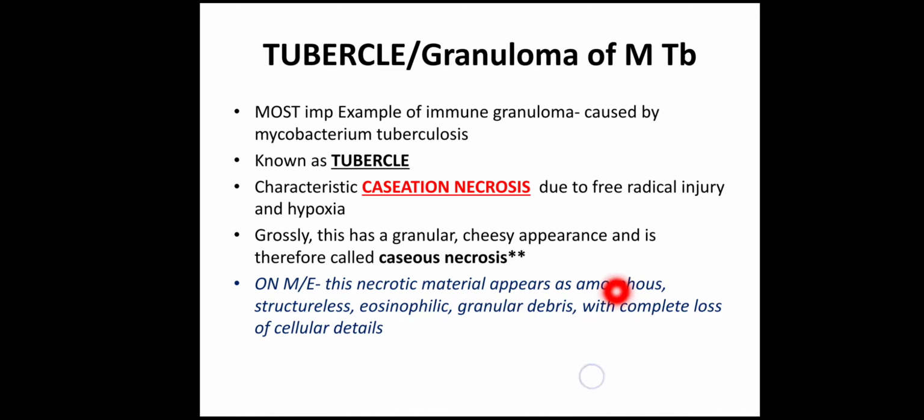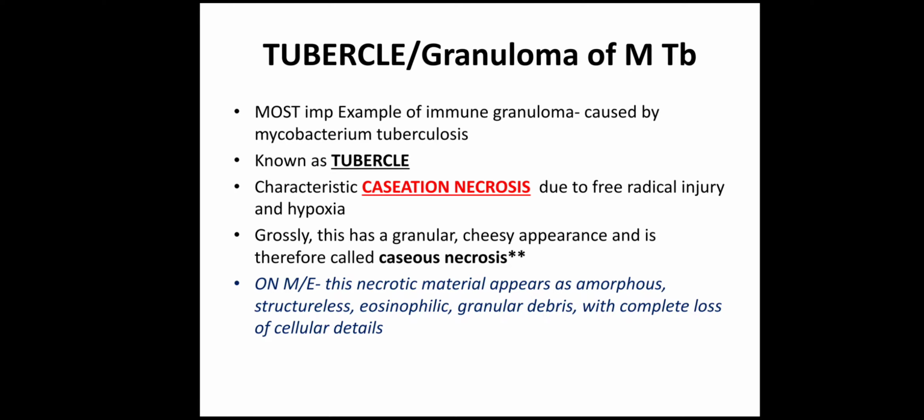This is in contrast to coagulative necrosis, where the cellular outlines are preserved. We call it a tombstone appearance in coagulative necrosis, but in caseation necrosis there is complete loss of cellular details, and all of that necrosis appears as amorphous, eosinophilic, granular debris. This description is very important, often asked in viva and in theory exams.